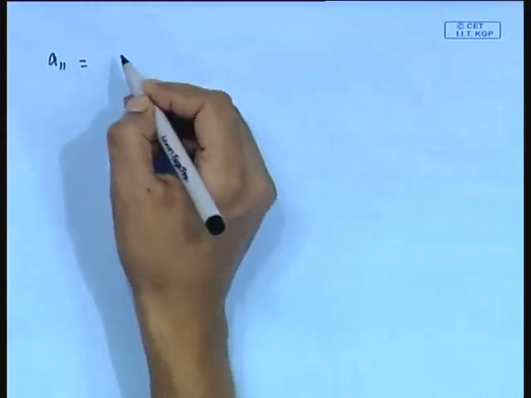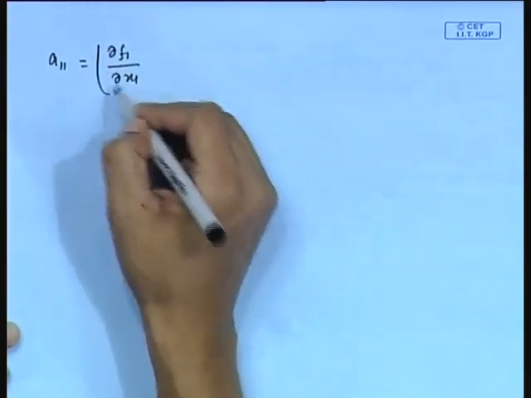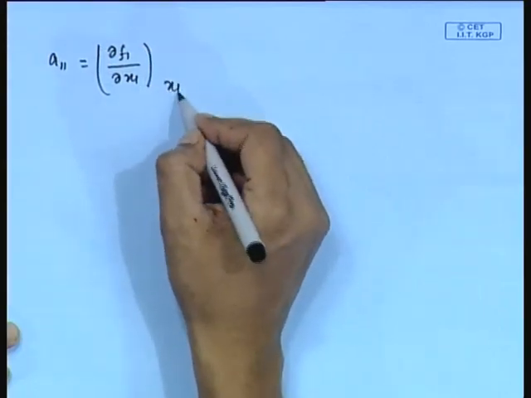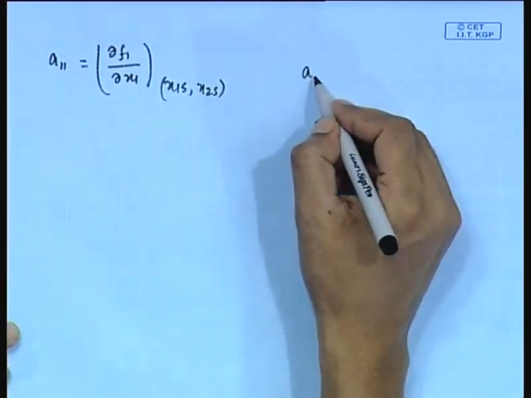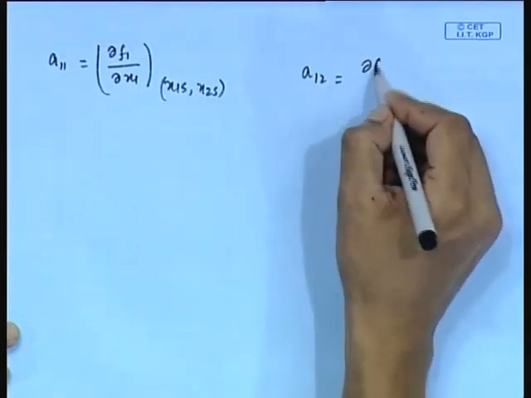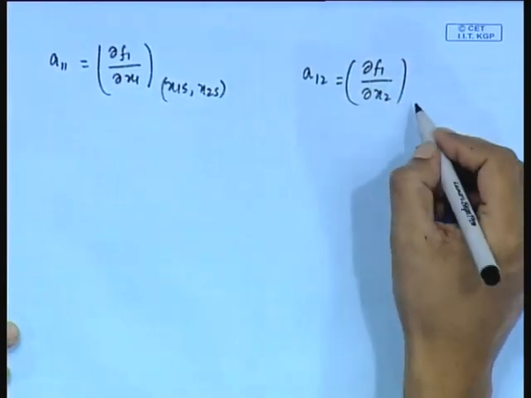A11 is the partial derivative at x1s, x2s; A12 is this one.